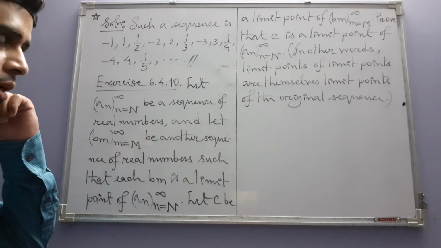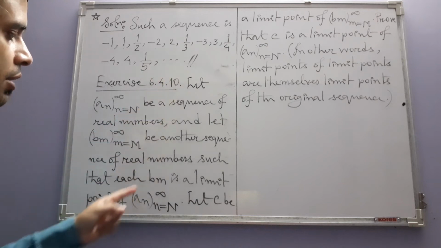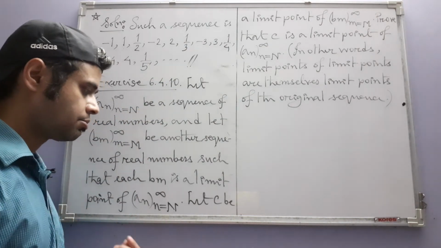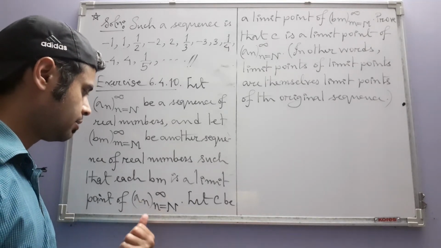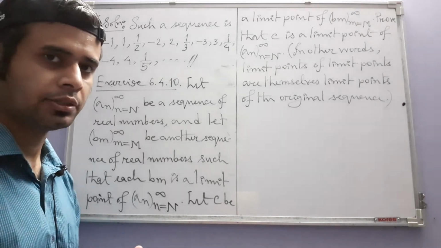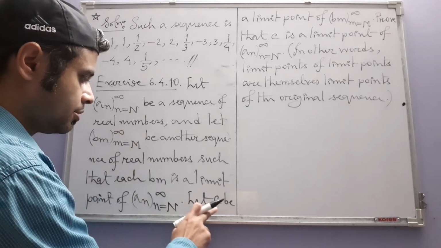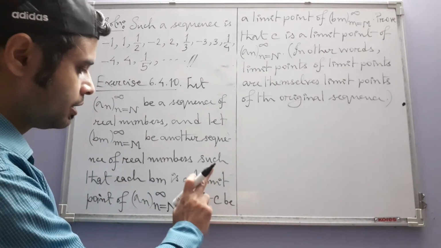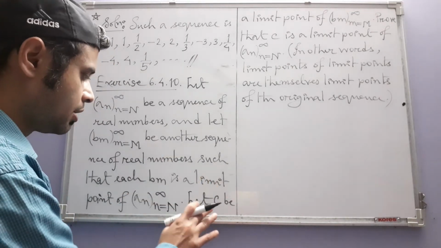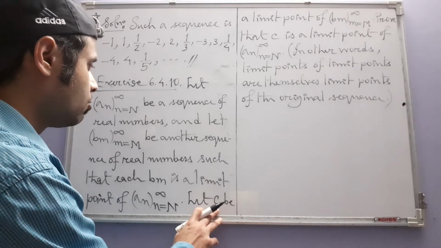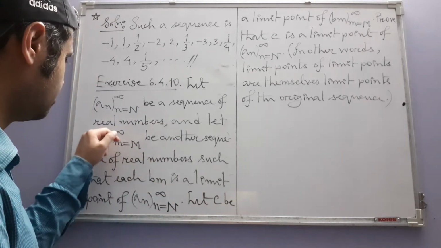So if you collect the limit points of a sequence, in this one there are 3. However, you may have a sequence which has infinitely many limit points, so that you can create a sequence out of those limit points, and then it may happen that in that sequence also you find a limit point C. Then this will be a limit point of the original sequence. In other words, oh no, we cannot say that. I was thinking that this C will be equal to one Bm here.